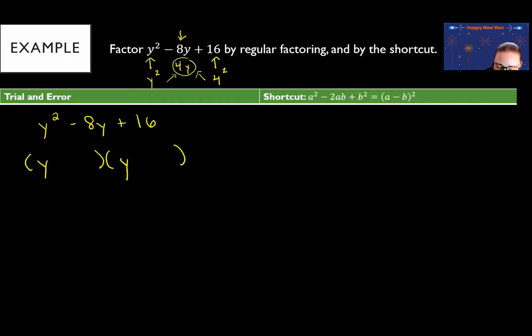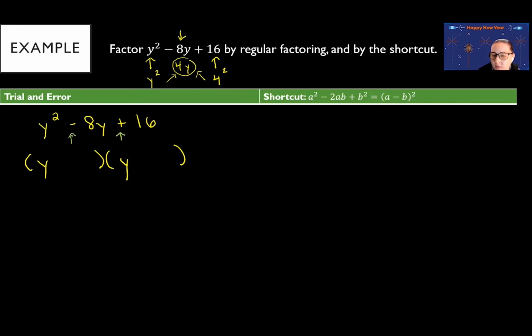Then you look at your signs. So we've got a plus 16. So we've got a positive right there. I should do it in a different color so it doesn't look like I'm also adding a minus. So there we go. I'll just do an arrow. We've got a positive and a negative. So the last thing, the 16, we're multiplying to that, but we need to add to the middle.